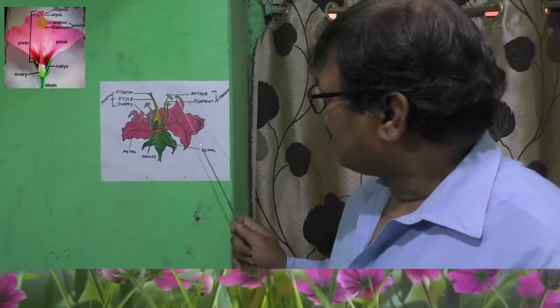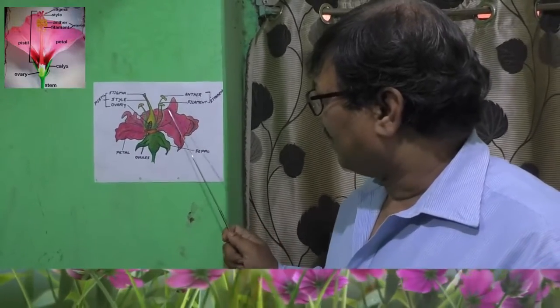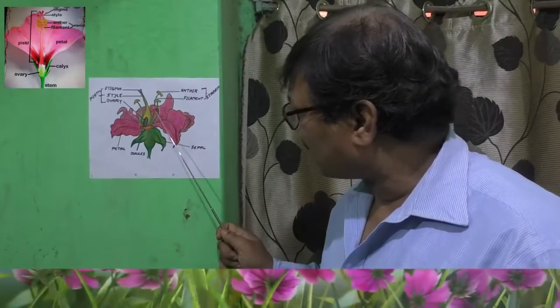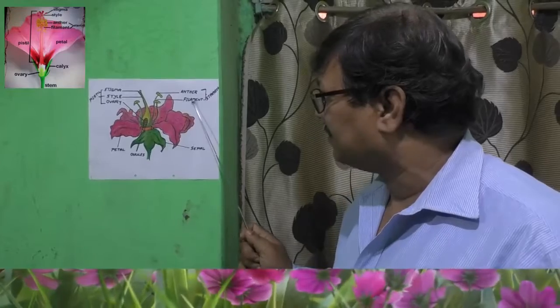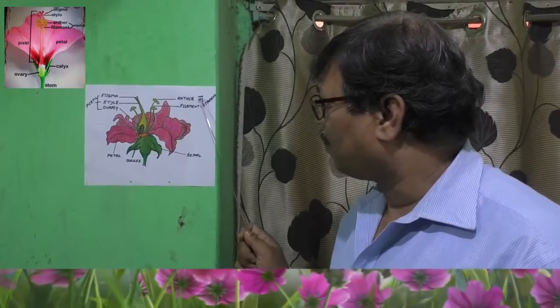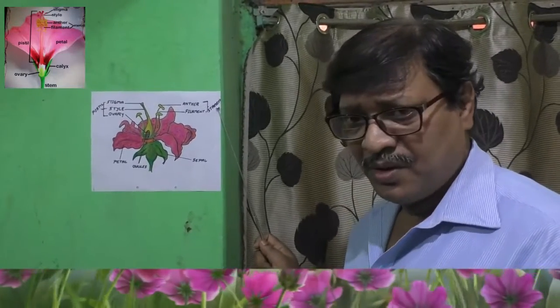Now I will show you the different parts of a flower. See the flower here, very carefully. This is the anther. This one is the filament. The tube-like structure is called the filament. Anther and filament together form a stamen.